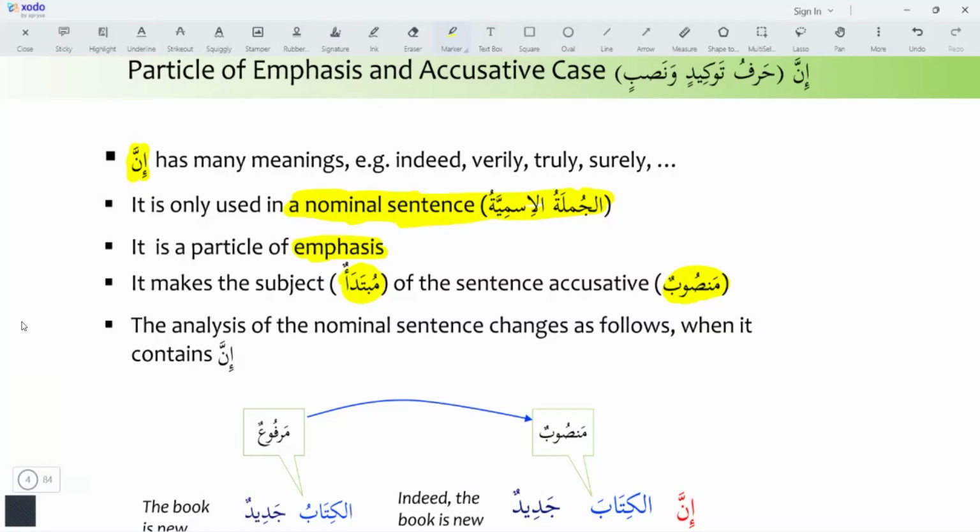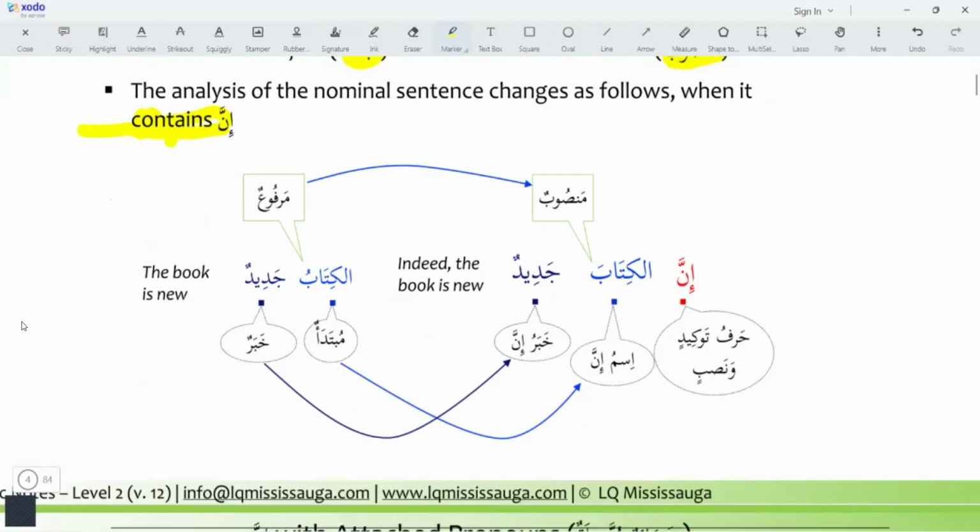The analysis of the nominal sentence changes as follows when it contains inna. When a nominal sentence contains inna, there are the following changes.